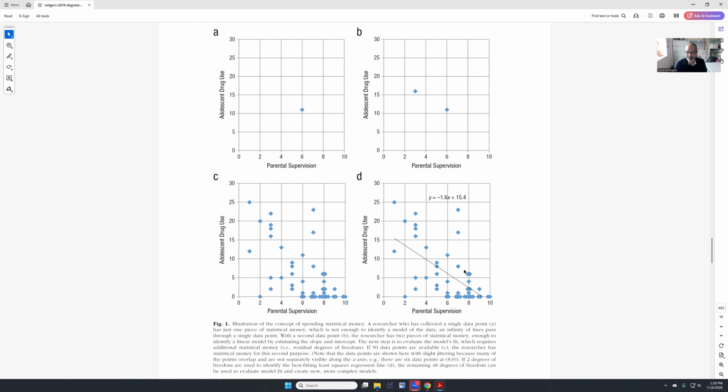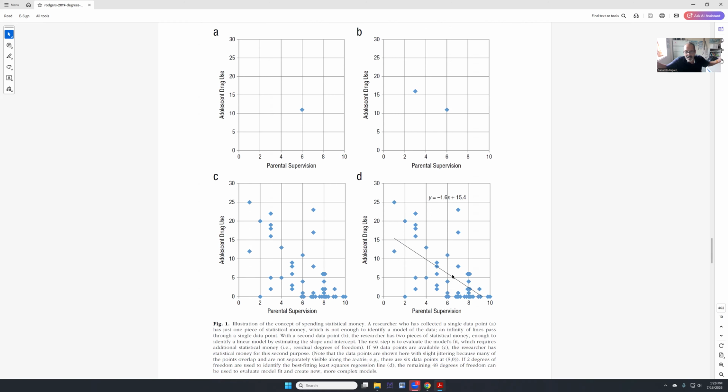So we can draw a whole bunch of different lines. We don't know which is the best fitting line. In this case, it was y equals minus 1.6 x. This is your negative slope, and then here's your intercept. But I could draw other lines and I could challenge whether or not this is the best line. The moral there is the more data points you have, the more different models you can propose.